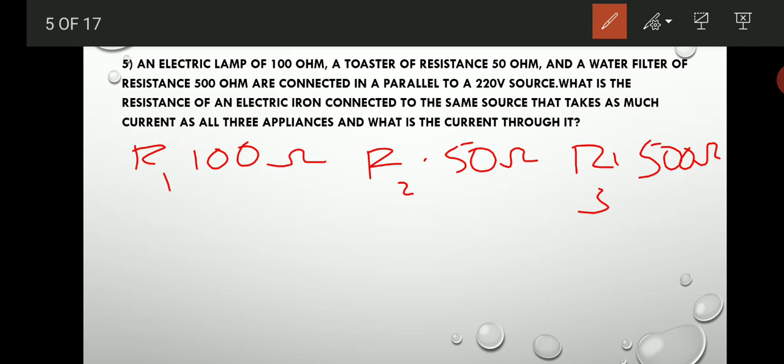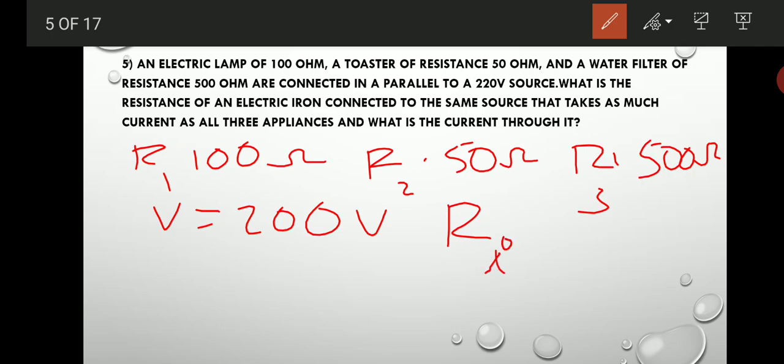What is the voltage here? 220. You have to find the resistance of the electric iron connected to the same source that takes as much current as all 3 appliances. As I told you, voltage is the same across these 3 resistors.